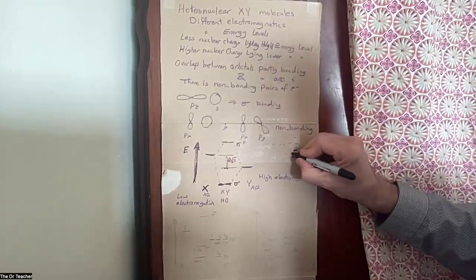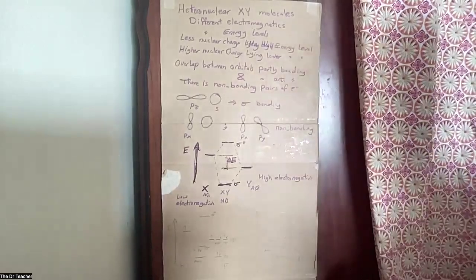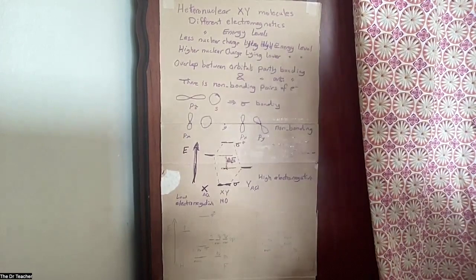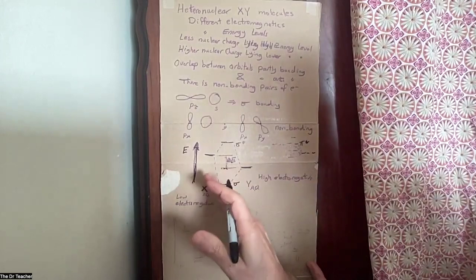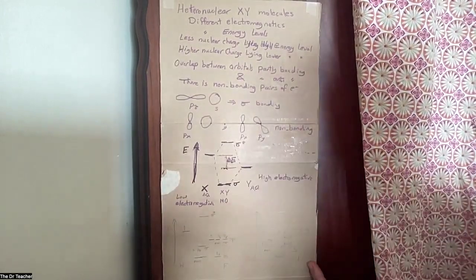Here we have the pi's, and here we have the pi stars. Of course, there is a presence of non-bonding orbitals. Whichever non-bonding orbitals they have from the X and Y, you just leave them at the same energy level.